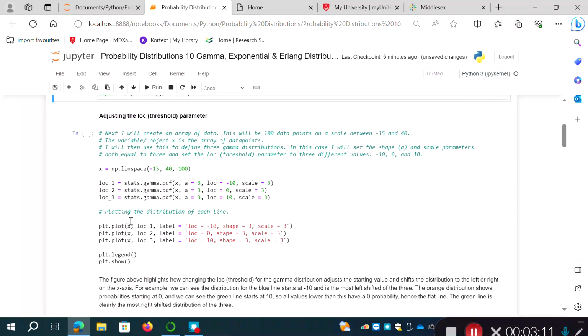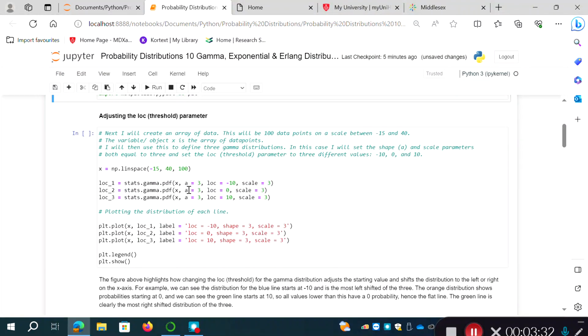And then I'm creating 3 objects, loc1, loc2, loc3, using stats.gamma.pdf, so we're creating a probability density function that follows a gamma distribution. The data that we're inputting is this numpy array called x.